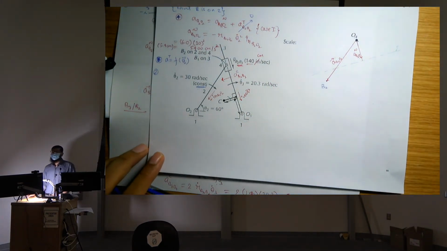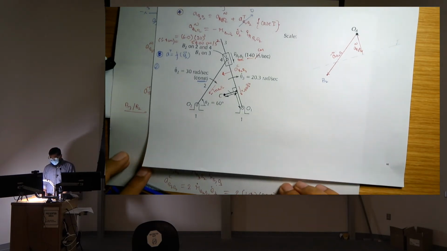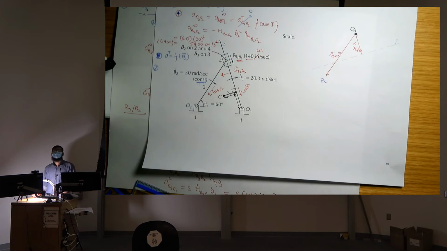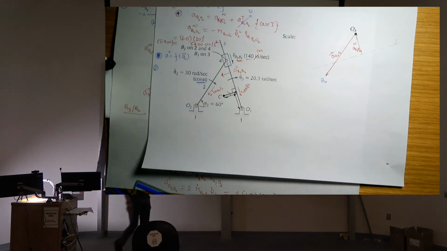So now anybody could just tell me, it's very easy to find where the direction of B3, B2 would lie. Any guesses? You reverse the subscripts, that means now you have changed. Yeah, correct.